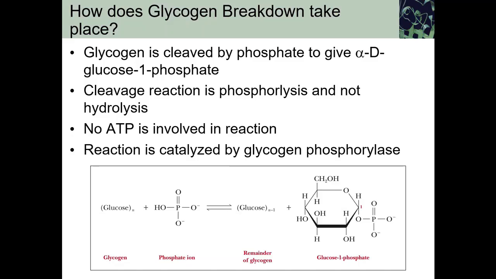Now, before we consider the synthesis of glycogen, let us consider glycogenolysis first, or the degradation of glycogen. The degradation of glycogen naturally entails the decomposition of glycogen into glucose.